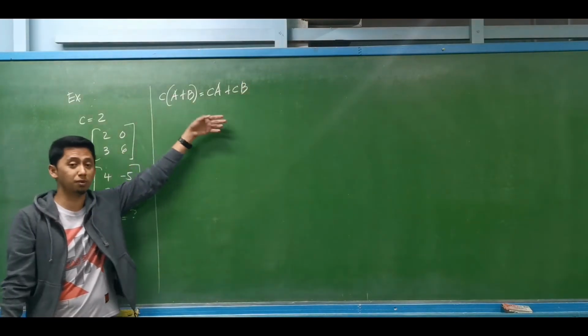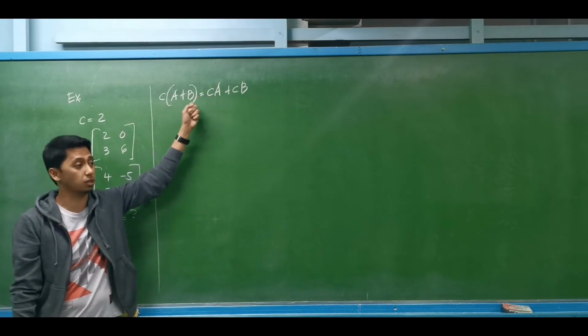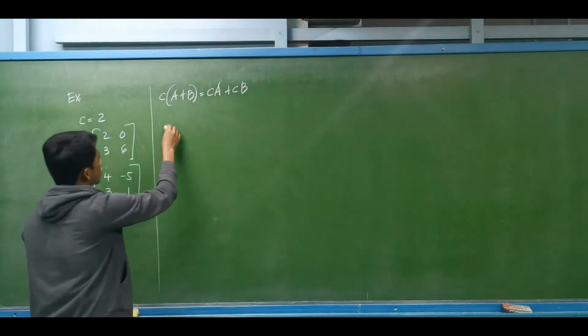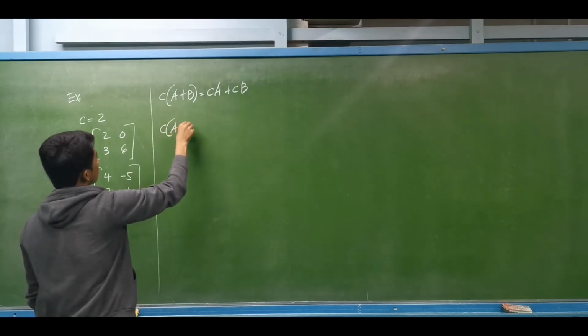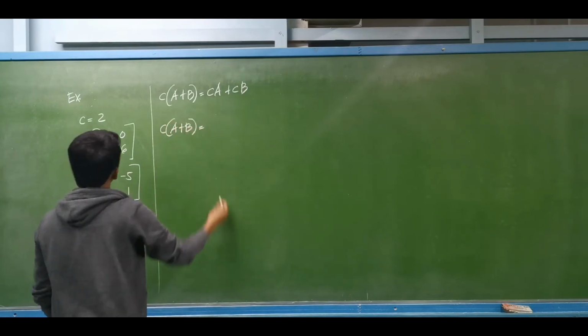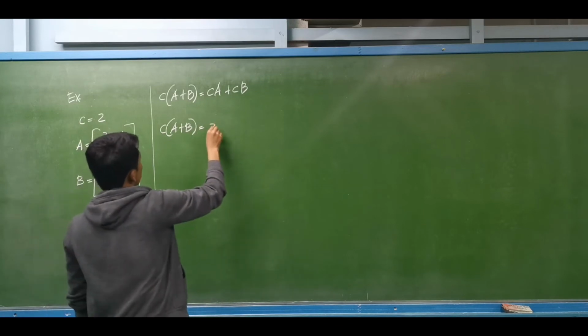So we may use any of these two. So for example, we are to use the first one. This is C multiplied by A plus B. Is equal to our scalar quantity 2.